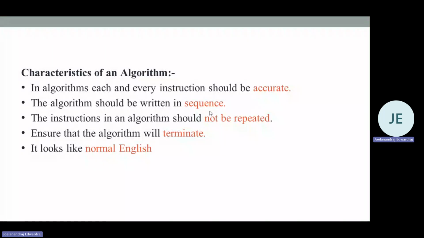Can anyone say what instructions you should follow to make tea? Anyone? Who is going to say? From the men's side or from the women's side? I need some volunteers.